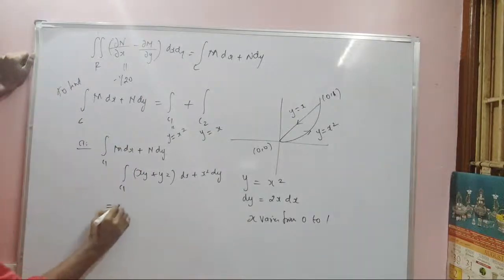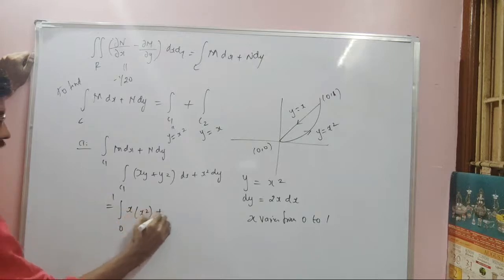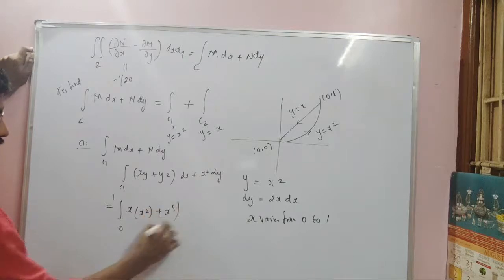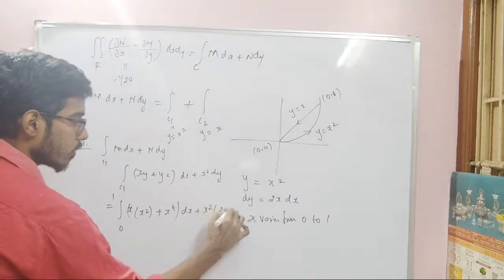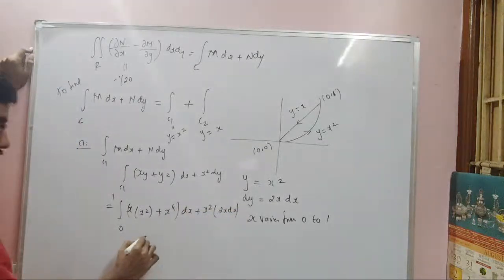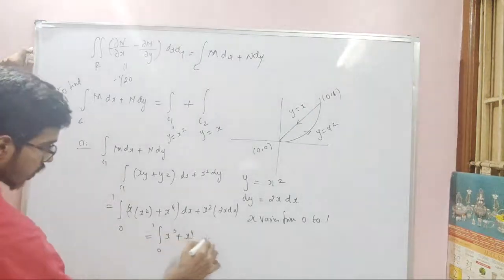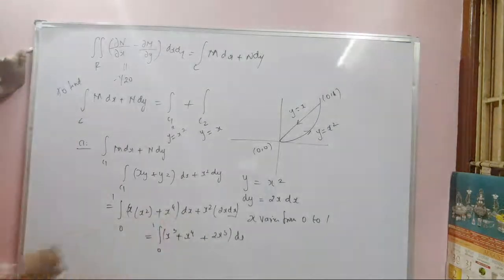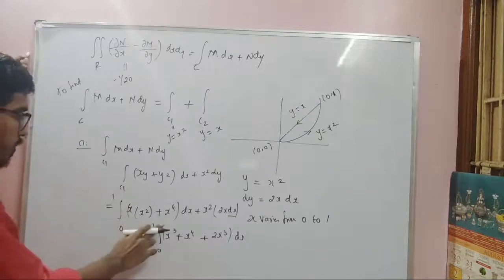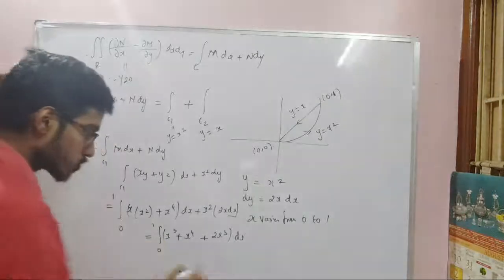So this will be the integral from 0 to 1 of x times, in place of y I substitute x square, and in place of y square I write x power 4, dx, plus x square, and in place of dy I write 2x dx. So this will be the integral from 0 to 1 of x cube plus x power 4 plus 2x cube dx. Everything is dx, so I can combine these terms: 2x cube plus x cube will be 3x cube.